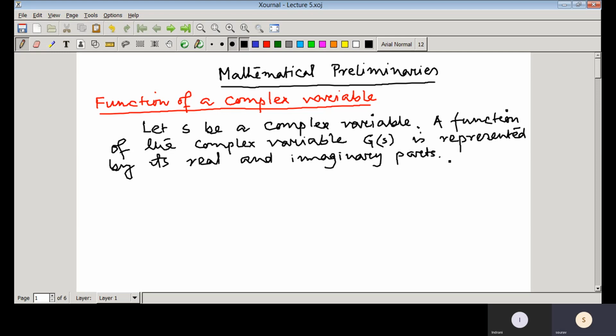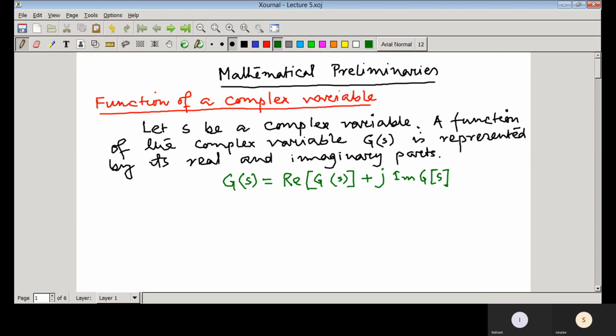So whenever you have a function G(s), where S is the complex variable, we can represent it by the real part of G(s) and the imaginary part of G(s). You all know those things.